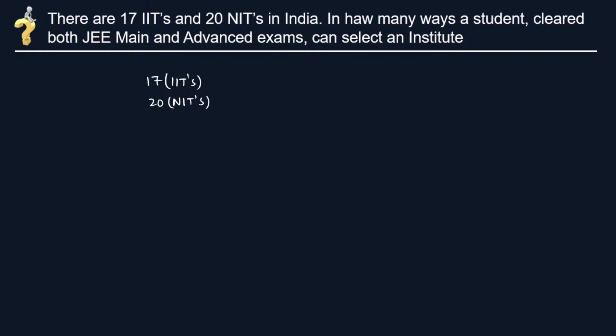Now, a student who has cleared both has the option to choose either an IIT or an NIT. So he can select an IIT in 17 ways, and he can select an NIT in 20 ways.